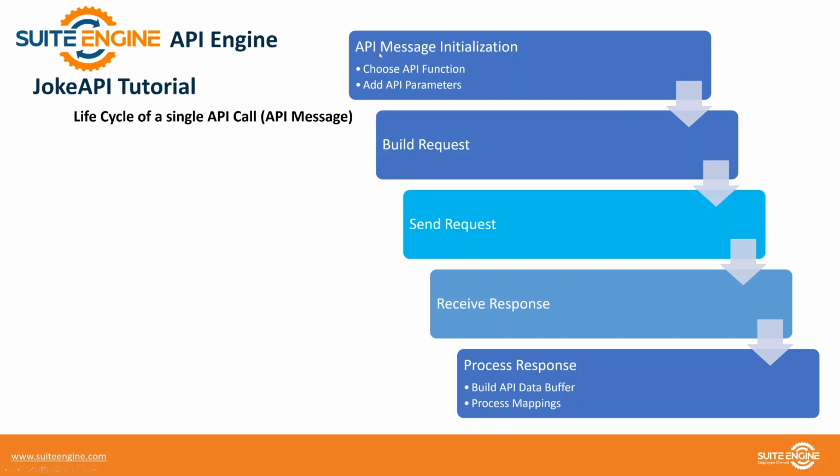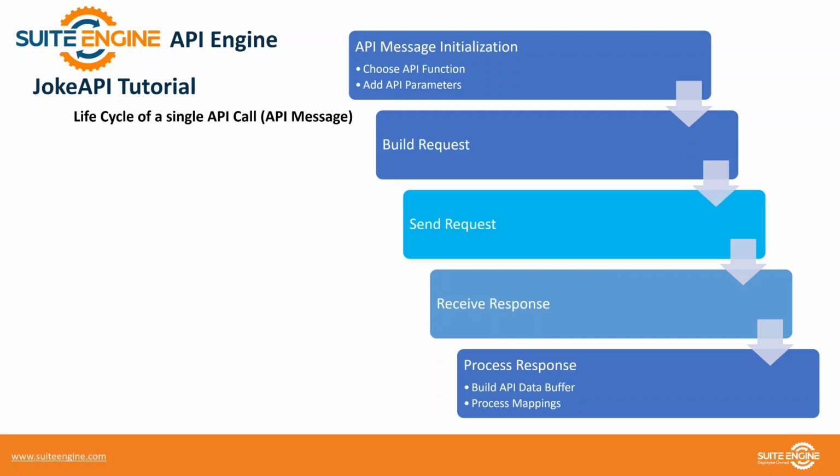In the beginning, when the message is initialized, we specify which API function we are executing, and then we add API parameters to it. Normally, this is done through code, but we can do it through the user interface. From that point, it will build the request, send the request, receive a response, and then process the response, both in terms of building what we've seen so far in the data buffer and processing mappings, which we will get to in a few videos down the road.